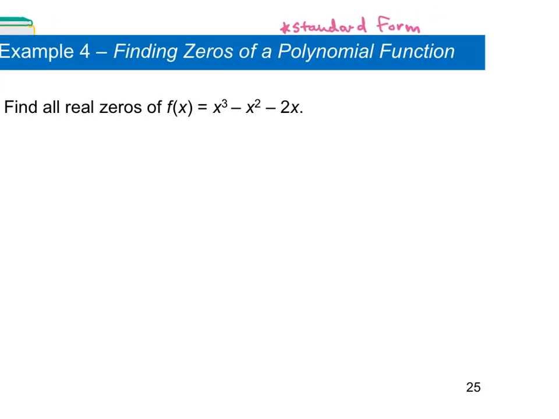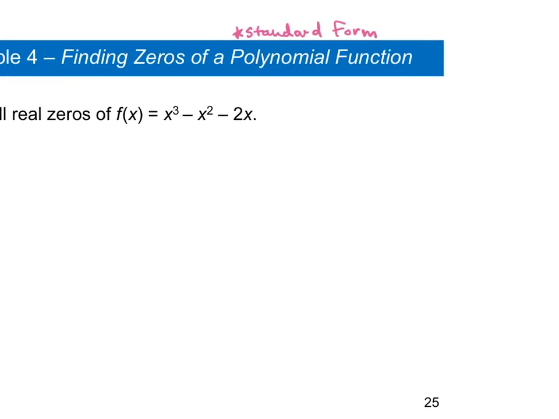Next, it doesn't ask us for this, but let's find our end behaviors of this graph. So we're looking at our highest x, so this is our x cubed. What do we know about our end behaviors if we have an x cubed graph? They're going to go in opposite directions. Perfect, they go in opposite directions because it's odd.